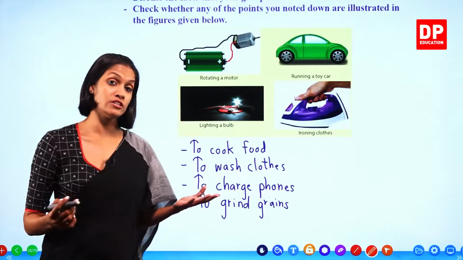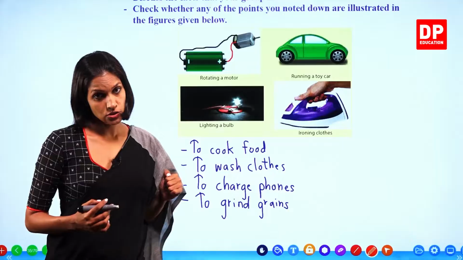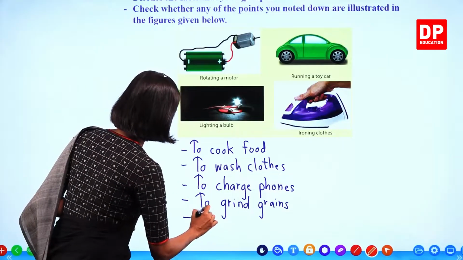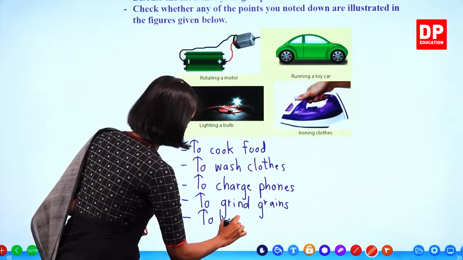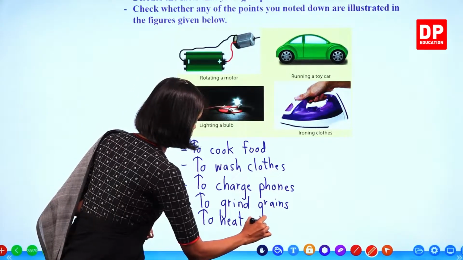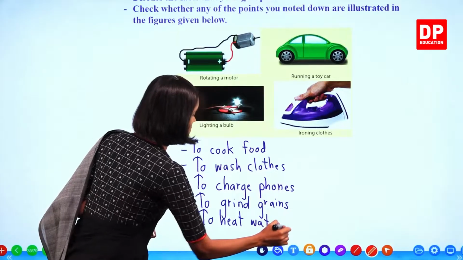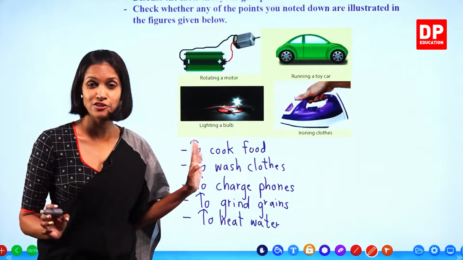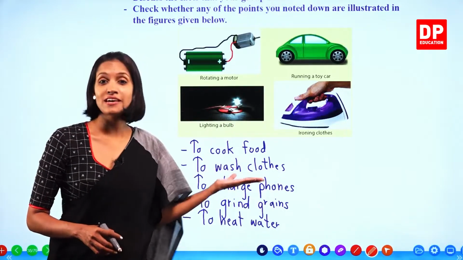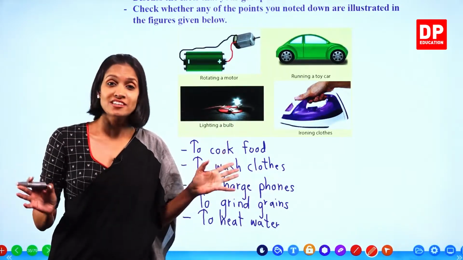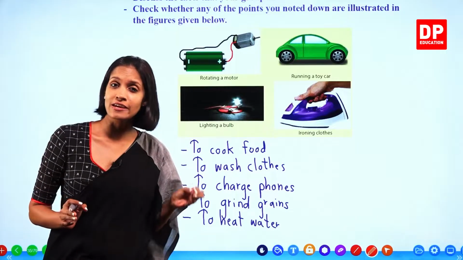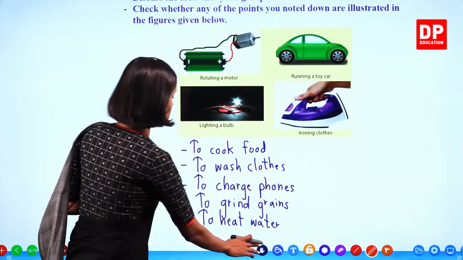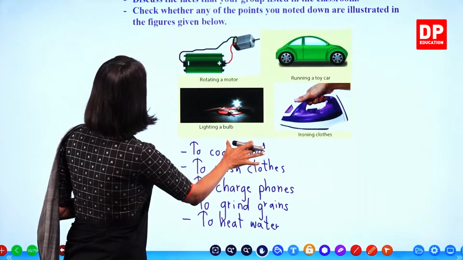We use grinders to grind grains, okay? And to heat water, we can use water heaters, right? And the list goes on, right? So you can write many other examples. Look at your surroundings. You will find so many other examples where we use electricity, okay? So these are only some examples.